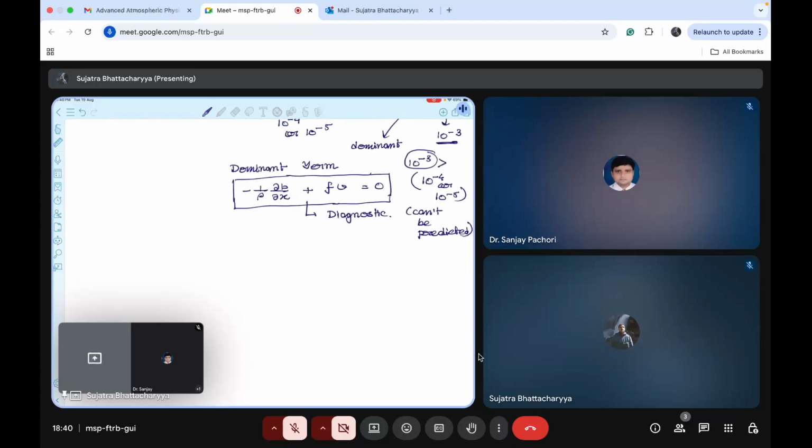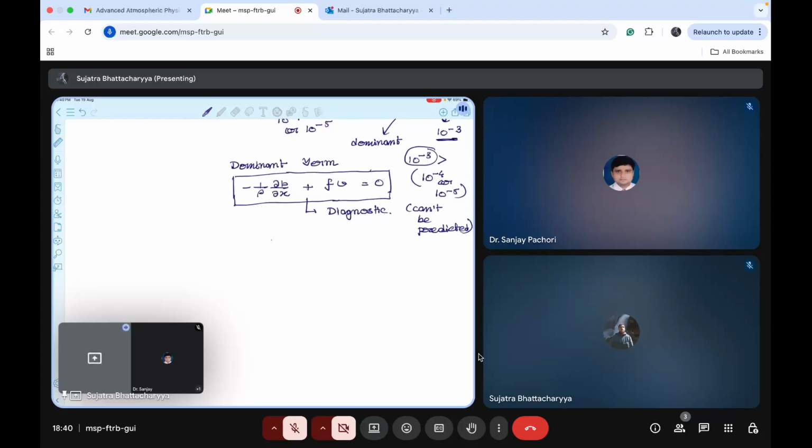Okay, so let's see what is the value of v from this. So v will be equal to 1 by rho f delta p delta x. This is what is famously termed the geostrophic balance, where the pressure gradient force balances the Coriolis force, and any other inertial forces are absent.